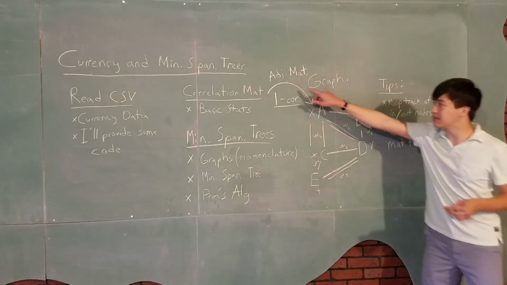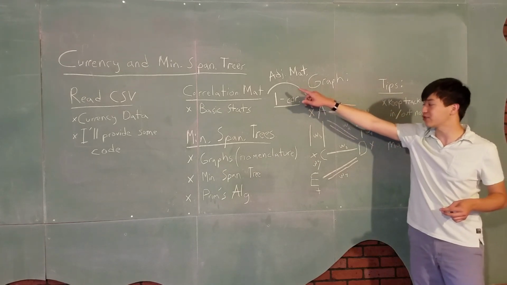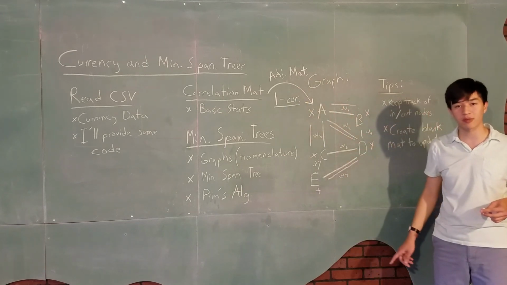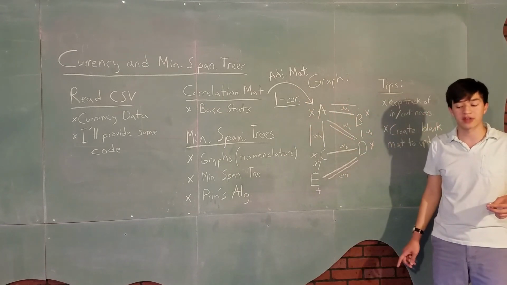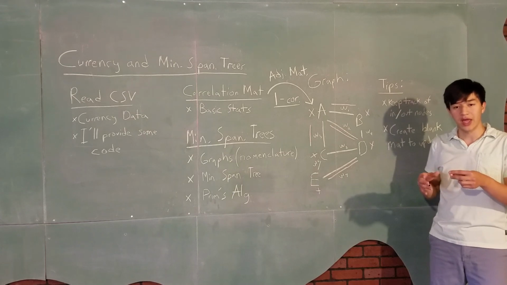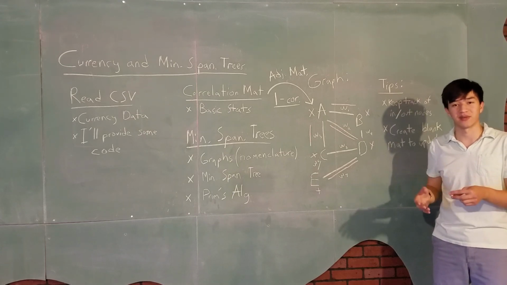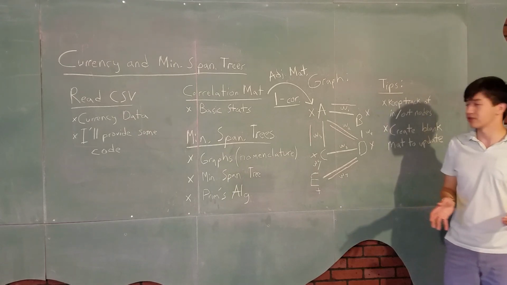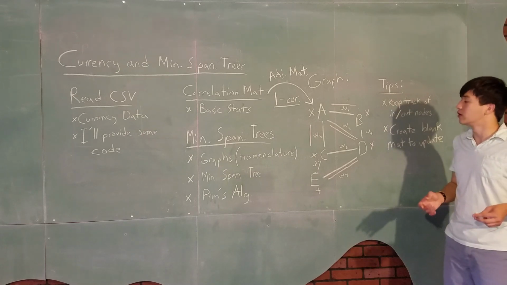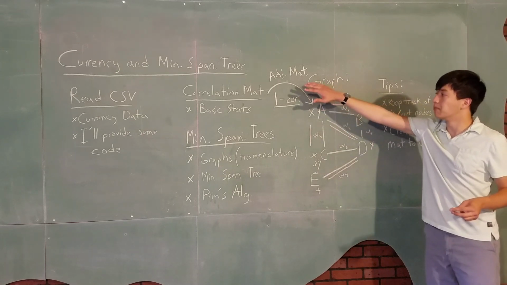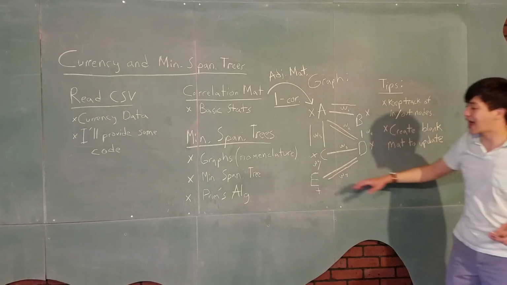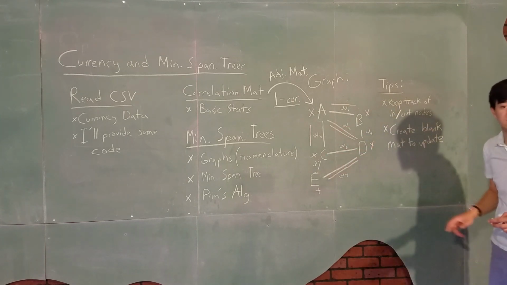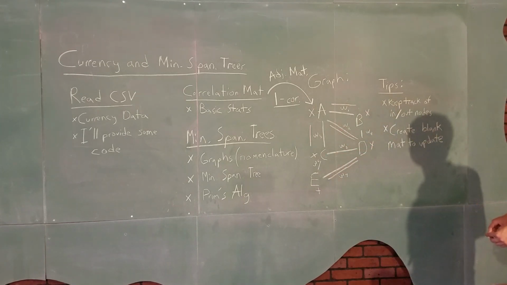Because if you start manipulating your original adjacency matrix as you're performing Prim's algorithm on it, things are going to break, right? It's like working with something, and as you're working with it, you're changing it. That could lead to some disastrous consequences when you're writing your code. So just keep in mind, you never want to manipulate your adjacency matrix as you're performing Prim's algorithm, because that'll just lead to an incorrect solution.